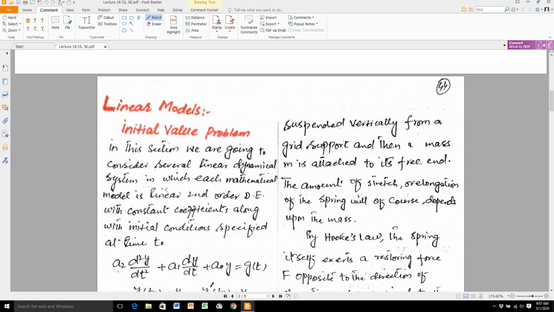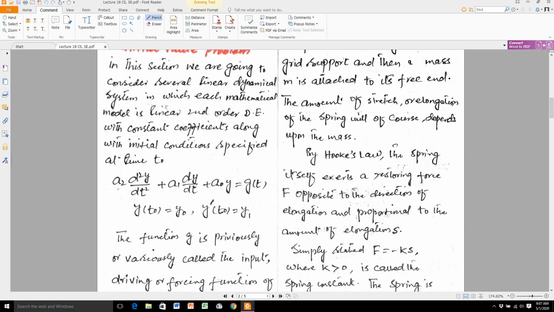By Hooke's law, the spring itself exerts a restoring force F opposite to the direction of the elongation, as we see in Newton's first law, in which if a book is placed on a table, its weight acts vertically downward, and in response the table also pushes the book in the upward direction, and its normal reaction is upward.